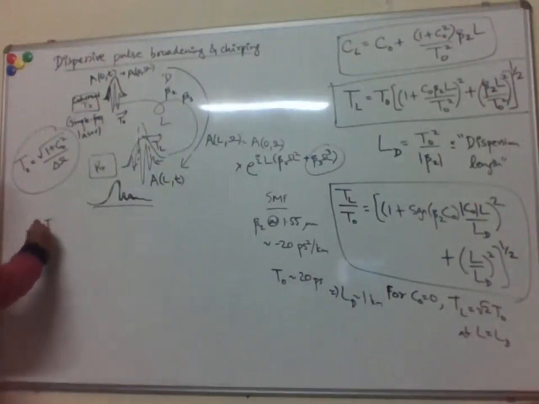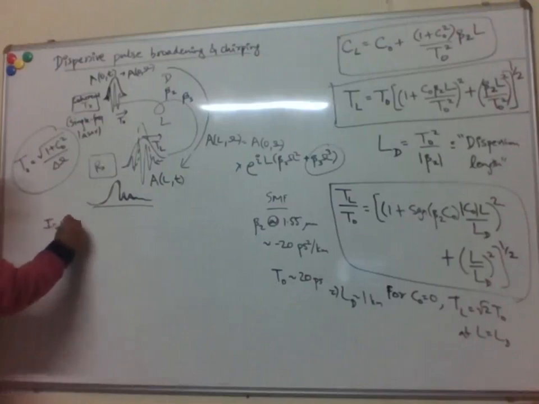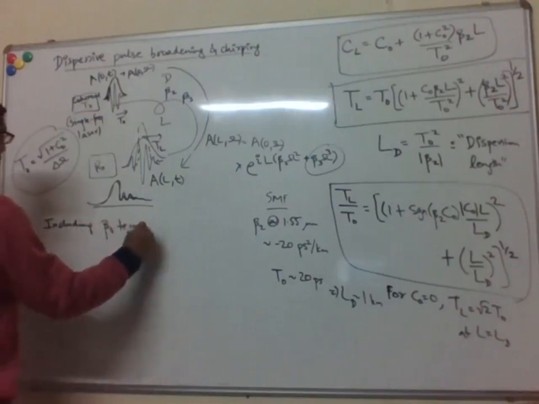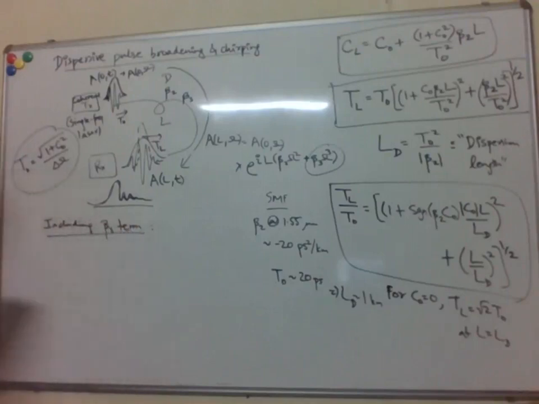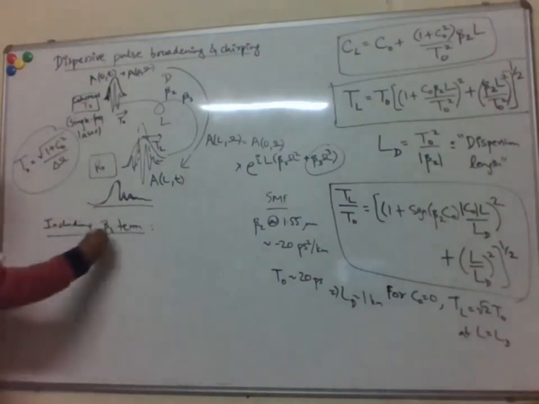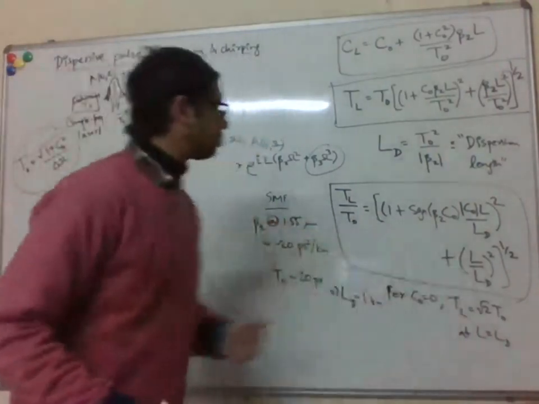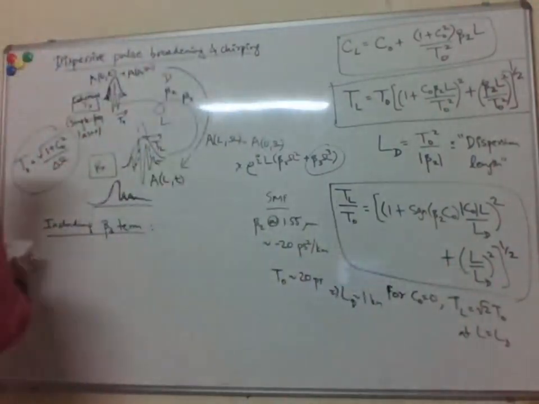Yeah, so if we include the third order term also, then in this formula we get an extra term corresponding to beta 3.